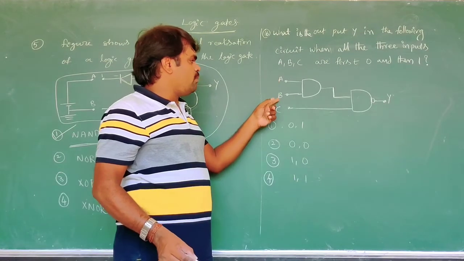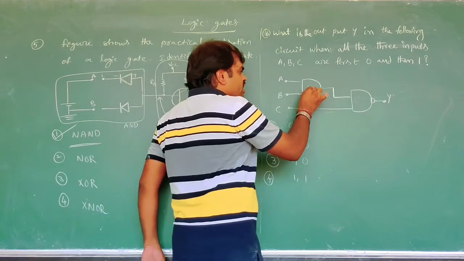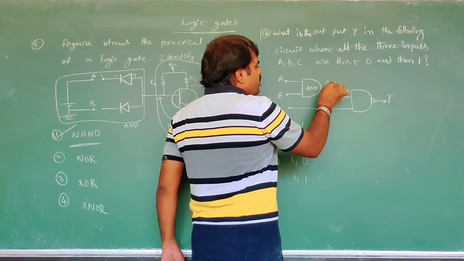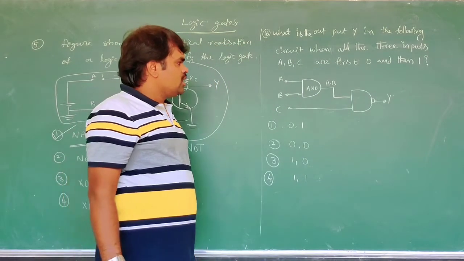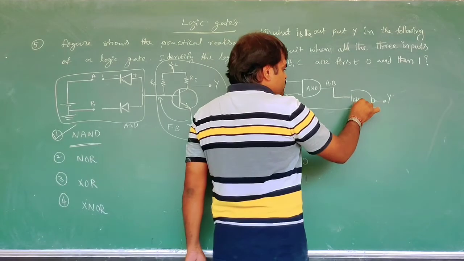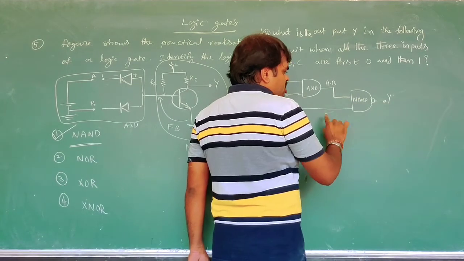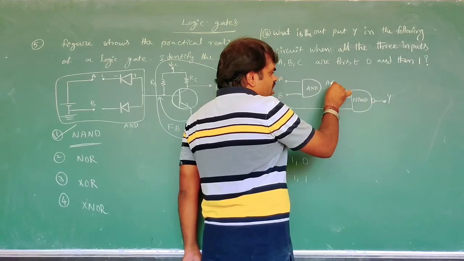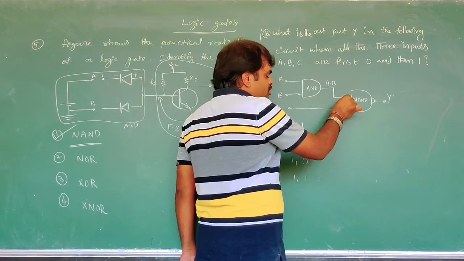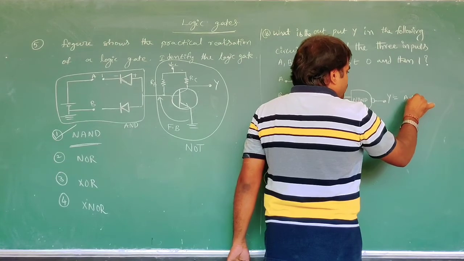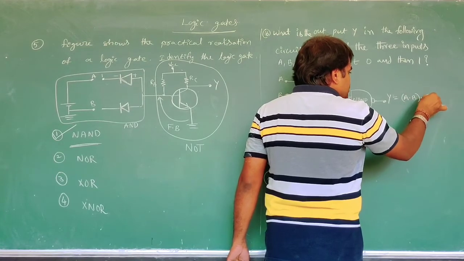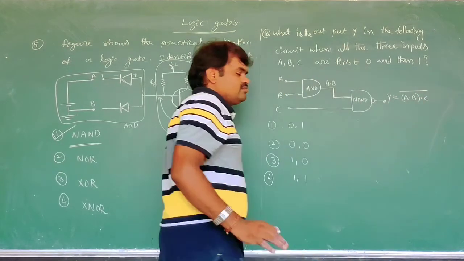Now A, B are inputs of the AND gate, that's why the operation of AND is A dot B. Now it is the NAND gate. In the NAND gate operation, one input is A dot B and another input is C. That is A dot B dot C whole bar.